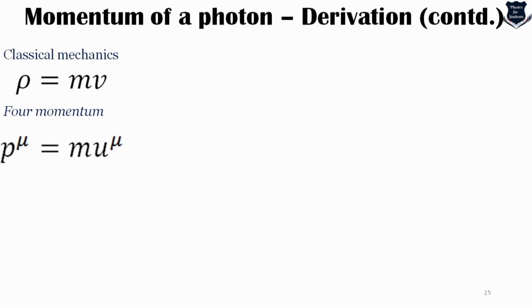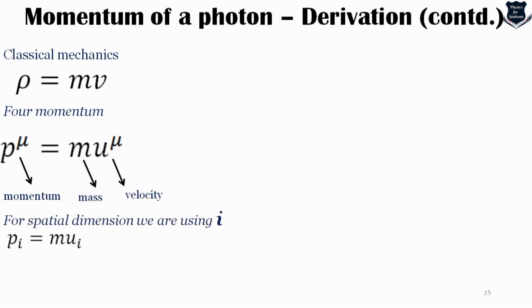Since we need to analyze the spatial component of this, we are going to denote them by this one. This is the momentum, this is the mass, and this is the four-velocity. So for the spatial dimension using i, we use p_i equals m u_i, and solving for u_i, you will see that we get this.